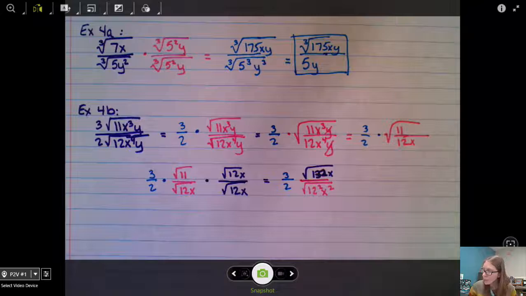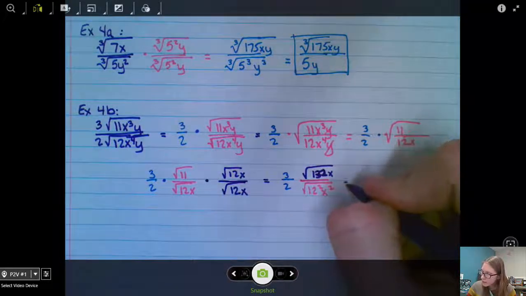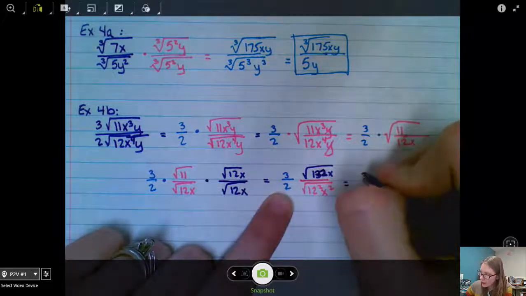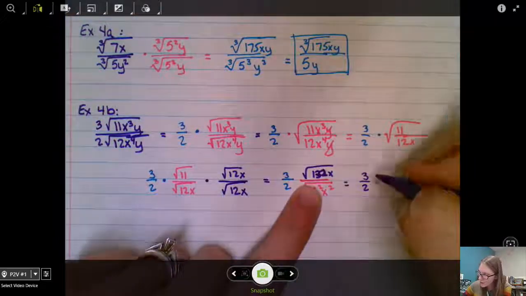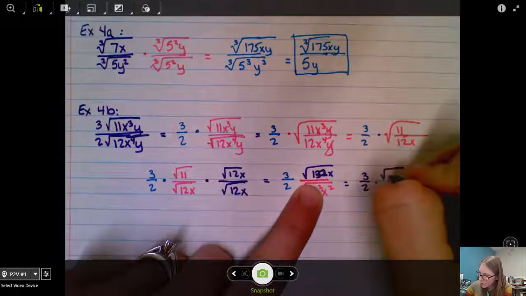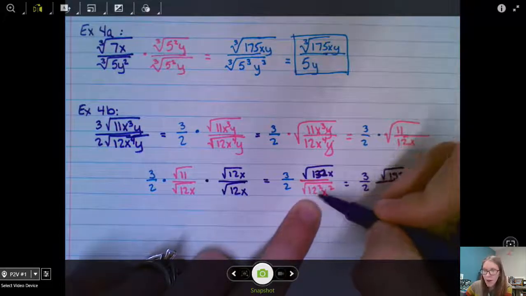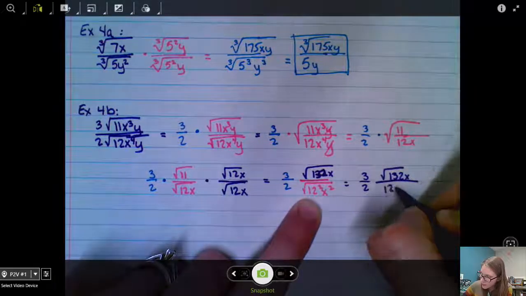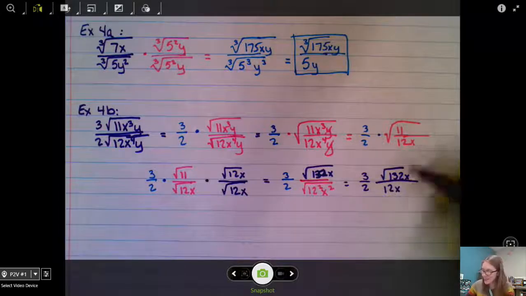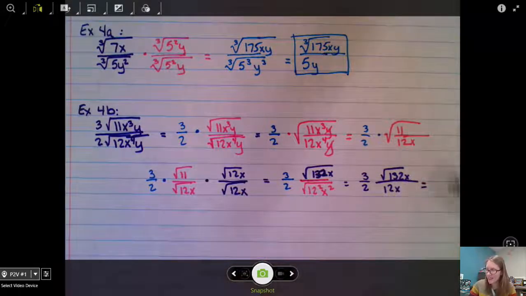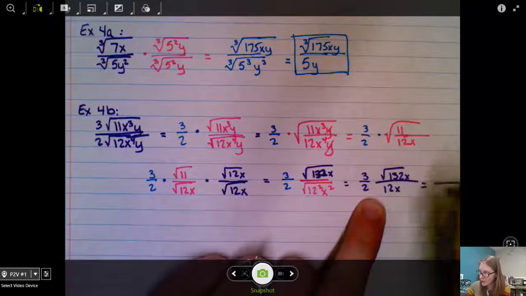Okay. So when I simplify this whole thing, I get 3 over 2 times the square root of 132x over 12x. And we're almost done here. Almost. Okay. So on the bottom, I get 24x here.